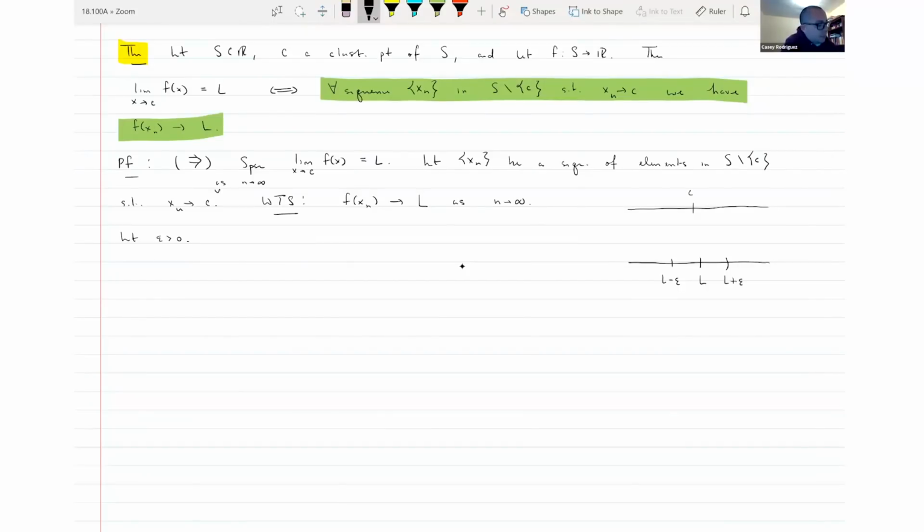Now, since f of x converges to L as x converges to c, there exists a delta, and this is the picture that goes along with it, so that if I'm inside this interval here, then I get mapped into this interval here. This is what I get from the assumption.